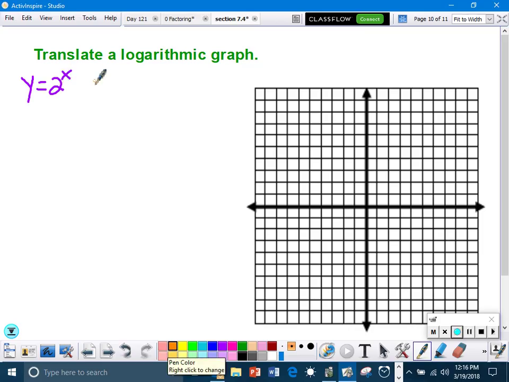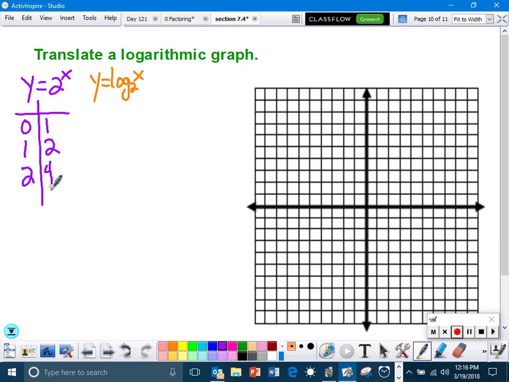And if you remember, the inverse to that is y equals log base 2 of x. And the table for this was 0, 1, 1, 2, 2, 4, and 3, 8. Okay, that was the original problem that we began with when I started showing you what the inverse looks like. And now this is the inverse.